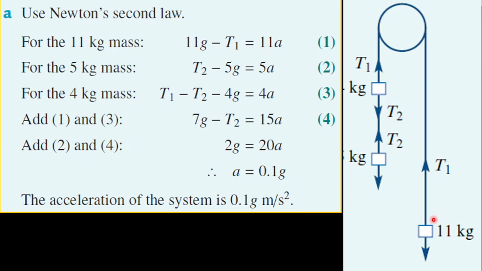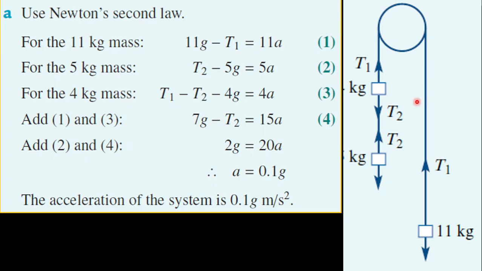On the right is m times a, so it's 11a going downwards. Downwards you have the weight force, which is all 11 kilograms, so that's 11g. g is gravity, and T1 is in the opposite direction, hence the negative.